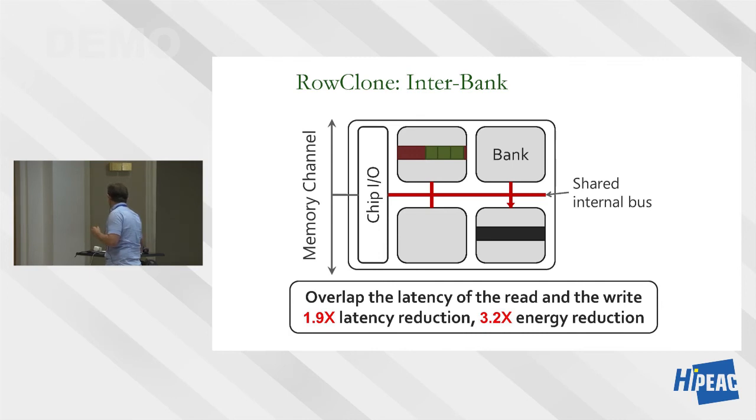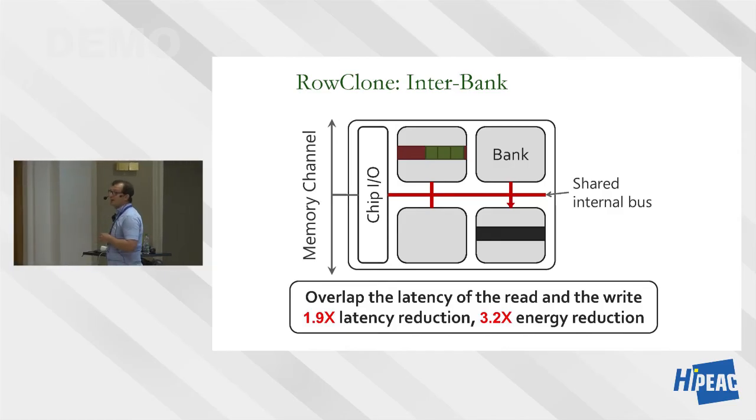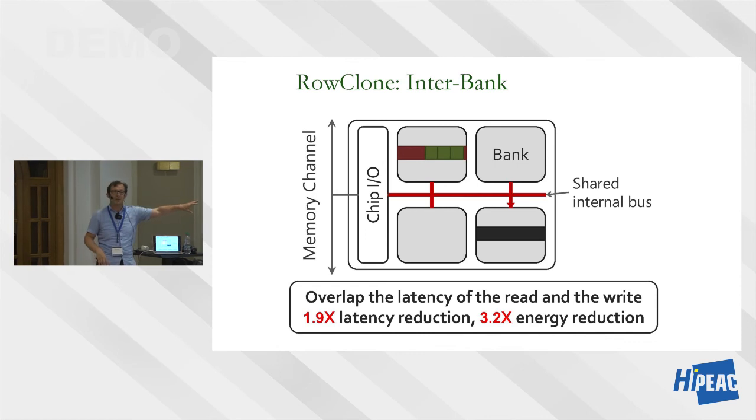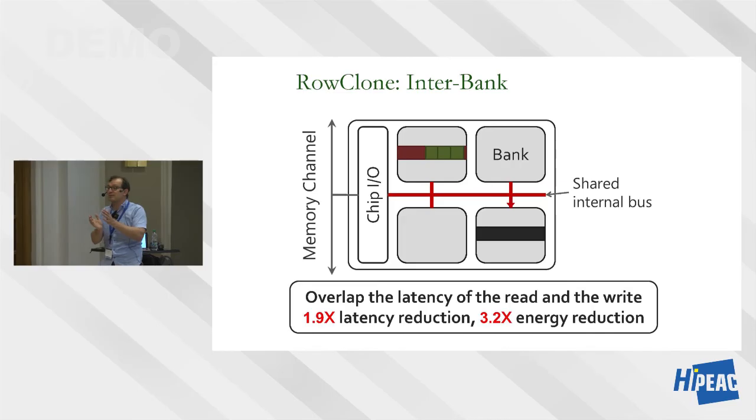If you want to copy, for example, these 3 bytes from this row to 3 bytes in this particular row over here, you can set this bank to read mode, set this bank to write mode, and send a command saying copy 3 bytes from this bank to the other bank. This requires changes to the DRAM interface, but the hardware changes are relatively little. We've shown that you can reduce latency and energy significantly this way, although the benefits are not as high as what you would get if the source and destination rows are in the same subarray.